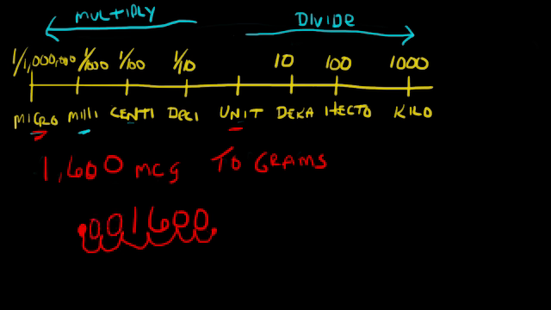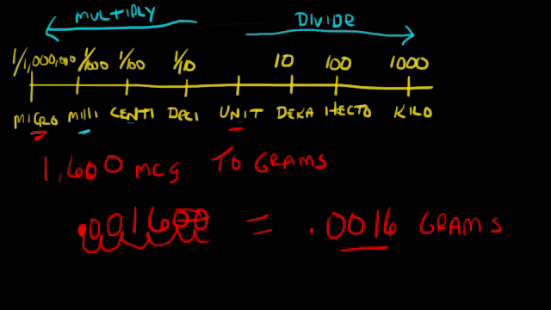We add a 0 here and a 0 here, and then this decimal point would be erased, and so 1600 micrograms equals 0.0016 grams. Okay, and when we have these zeros on the end over here, we can leave those off the final answer. So then that's our final answer.